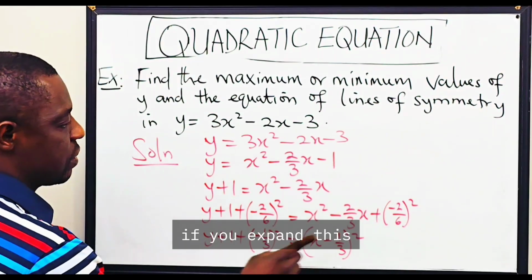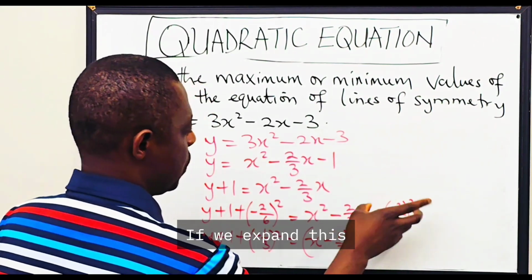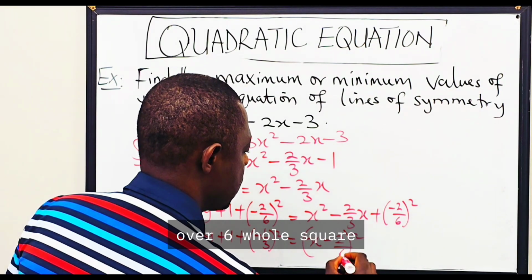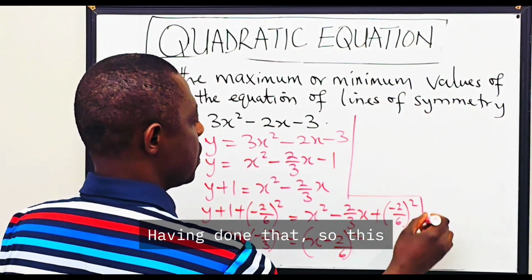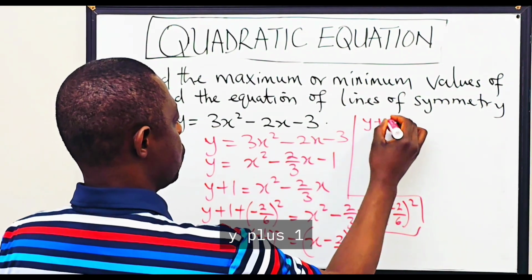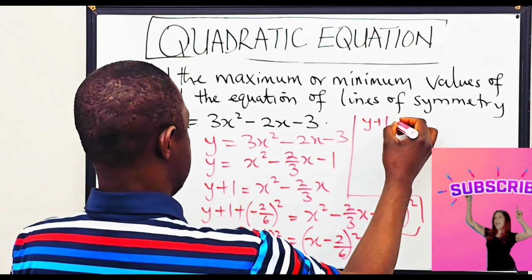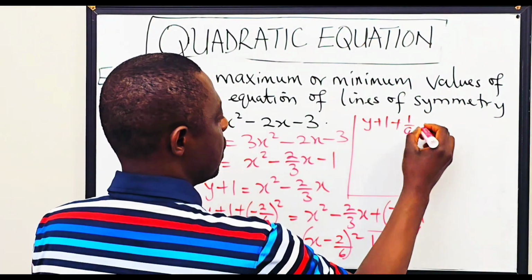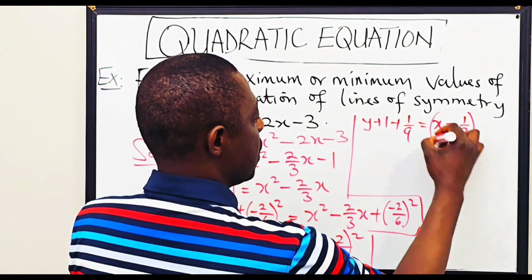So if you expand this, let me just do it this way, because this is still going to give us minus 2 over 6 all squared. Having done that, this becomes y plus 1 plus, because if you expand this one, it's going to give us plus 1 over 9 equals x minus 1 over 3.